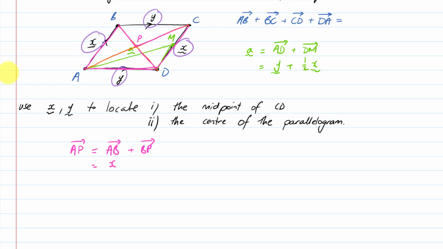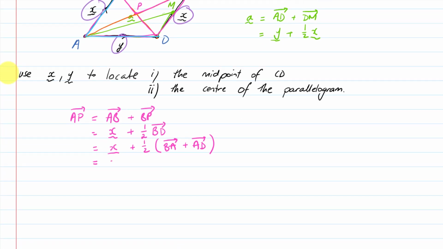AB is easy, that's just x. BP, because of that property, is equal to half of vector BD. And if I have a close look at BD, how do I get from B to D? Well, from B to D I have to go down to here and along to there. So BD is BA plus AD. Now AD is easy, BA not so much.